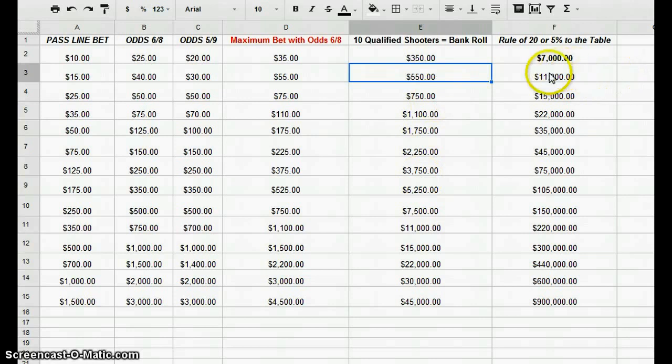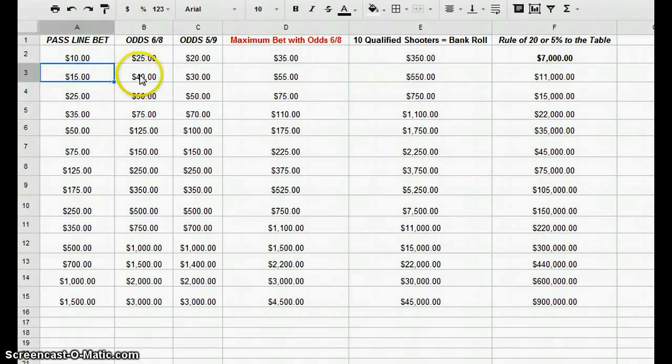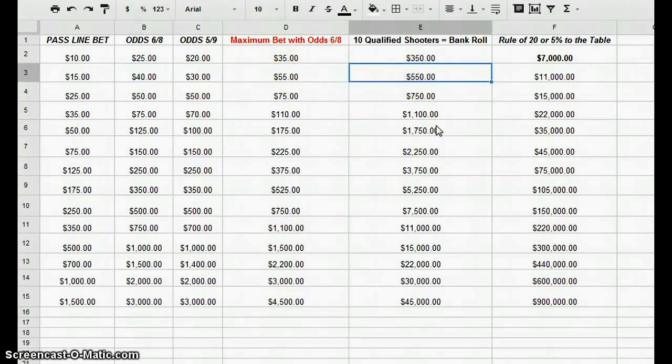Let's say, for argument's sake, you have $750. What you would do is only move up and start your next gambling session at $15 with a $40 maximum pass line bet, or $550, and you would pocket the $200 in profit. Now you would gamble at a $550 level, I call it.